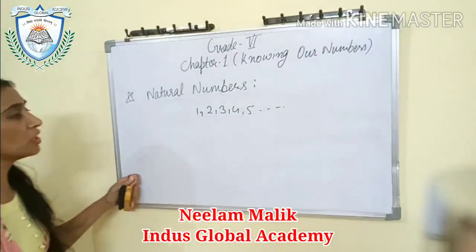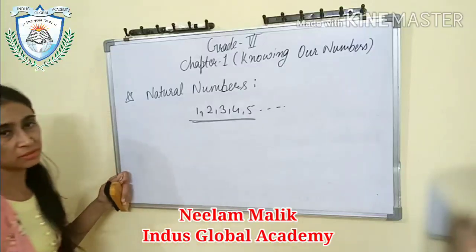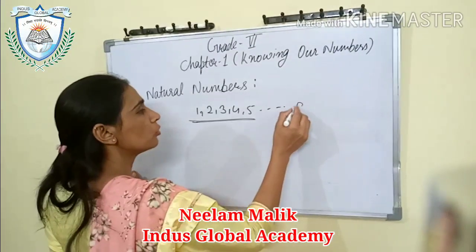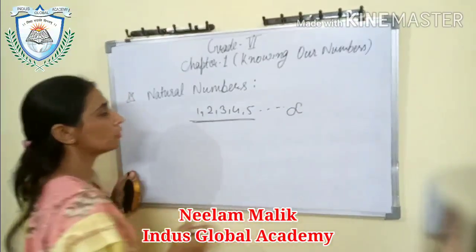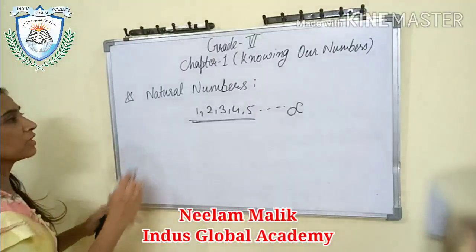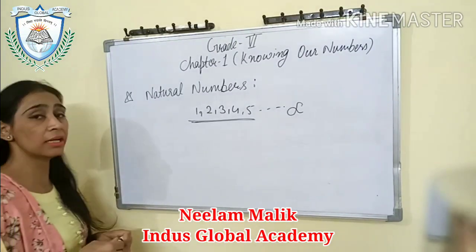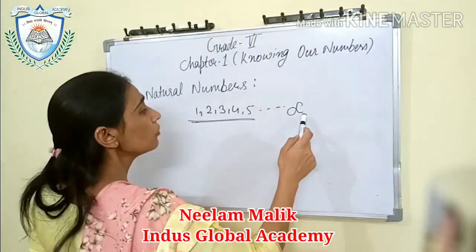So these counting numbers are natural numbers. We don't know the number that is at the last, so it is up to infinity. Natural numbers are the numbers that are started from 1 and going up to infinity.